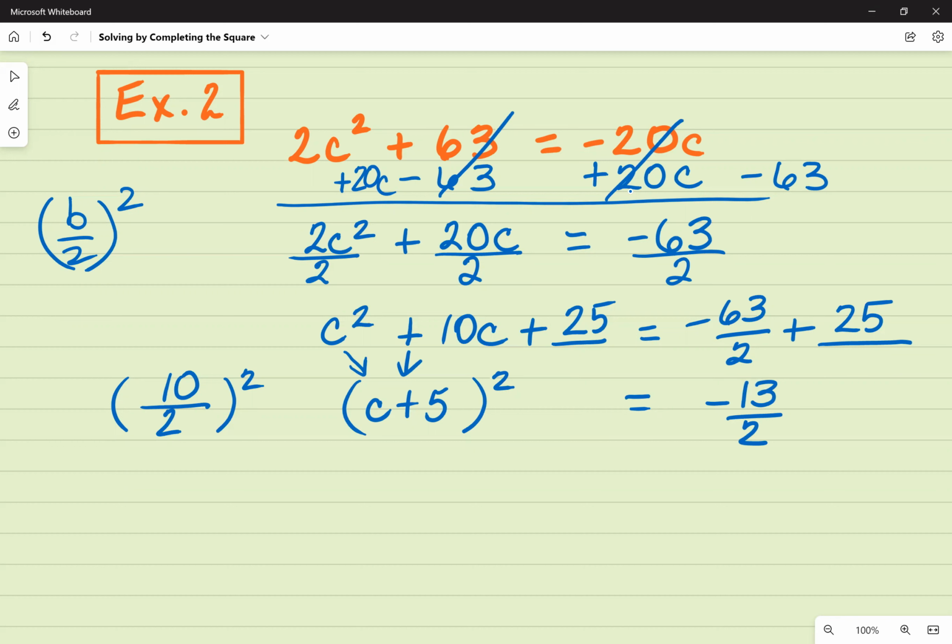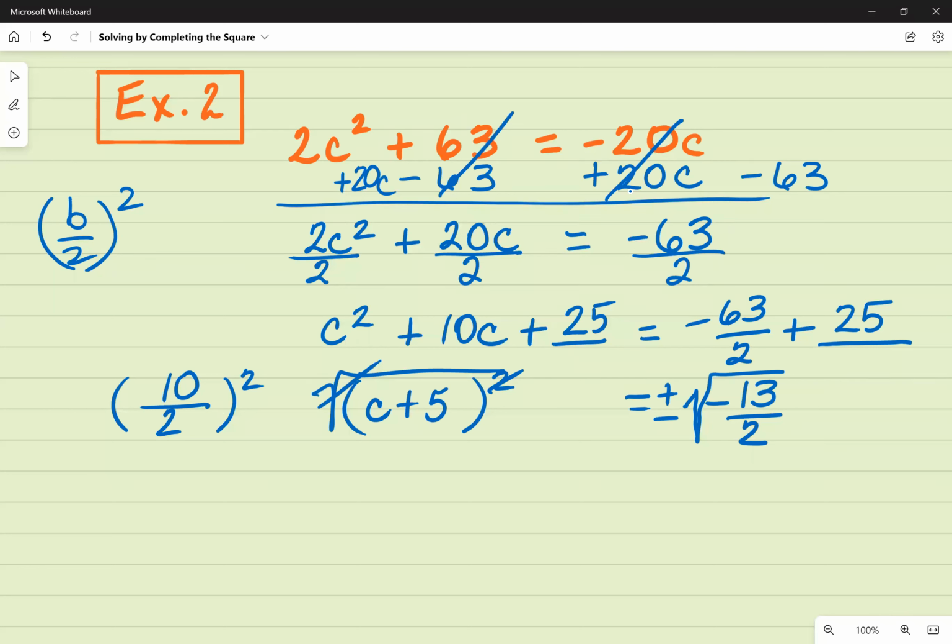And now I see that I'm at a point where I can actually take the inverse on the left-hand side to get rid of this square. And now I can do the plus or minus over here, take the square root of the entire fraction.